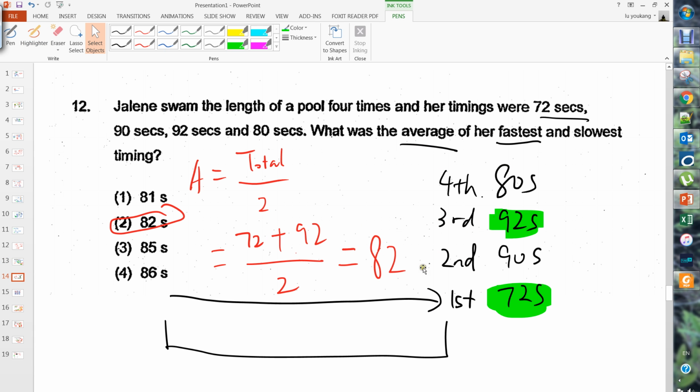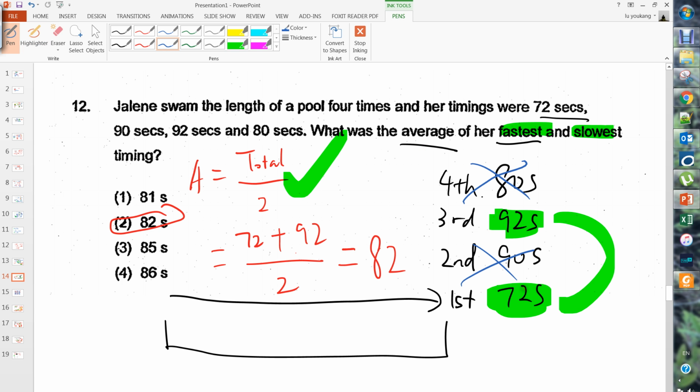Branch method. Okay, over here, next time when you see average, at least you write down the formula. Over here, you only ask for fastest and slowest. So you only focus on the two. The rest you ignore. When you calculate the total, you can ignore the rest, because they only want the average of fastest and slowest.